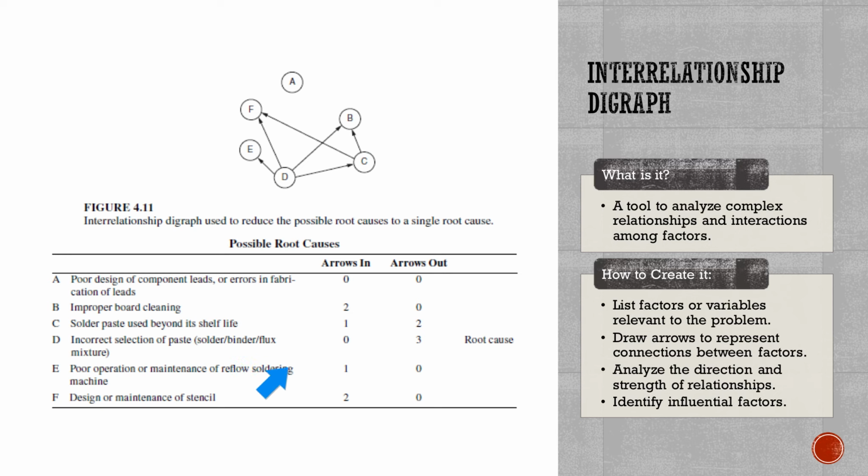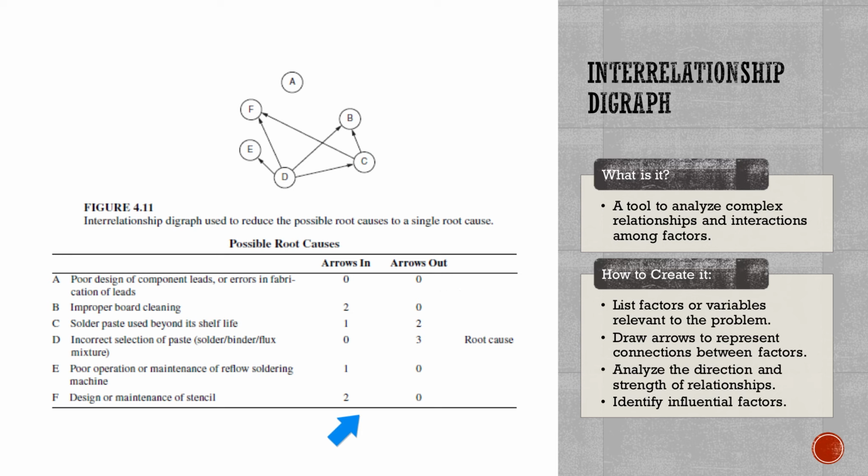And then after you finish drawing the arrows, you will count for each of this list of variables or potential causes how many arrows go into the variable, and how many arrows come out from it.